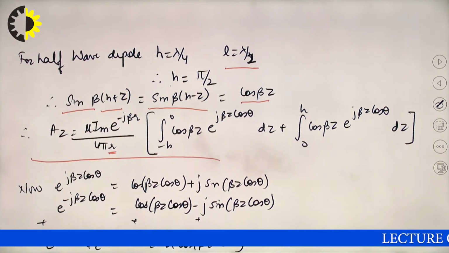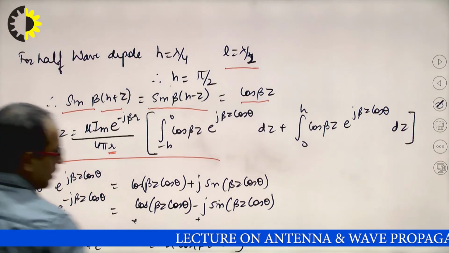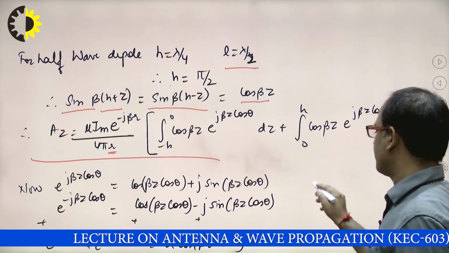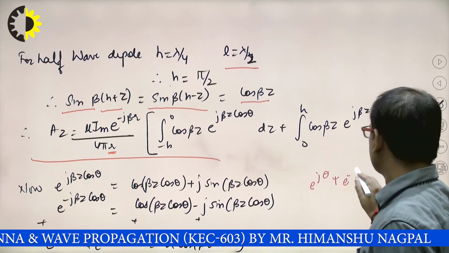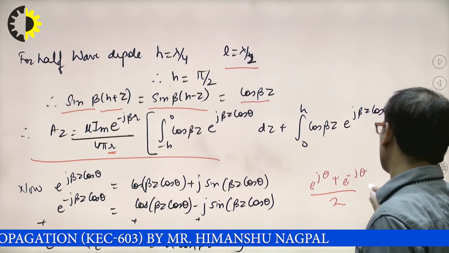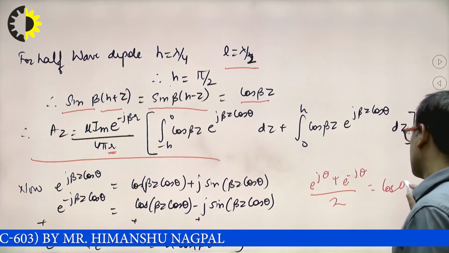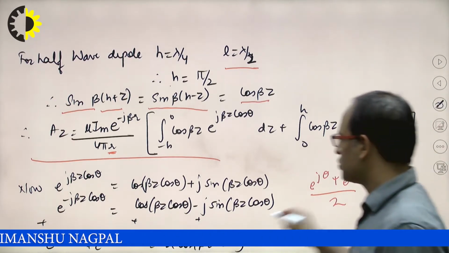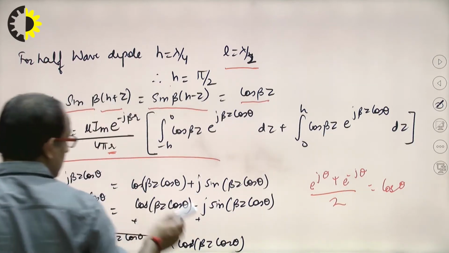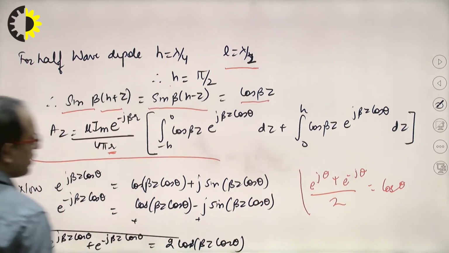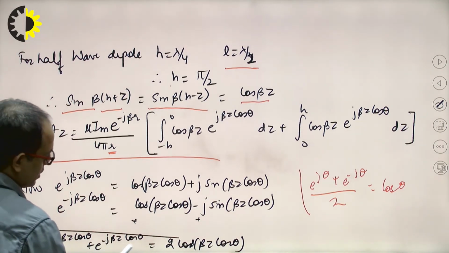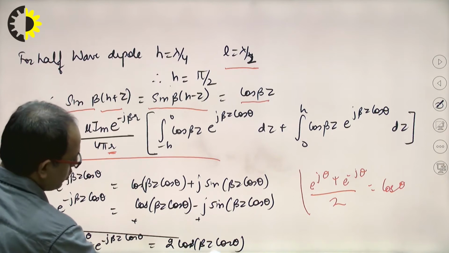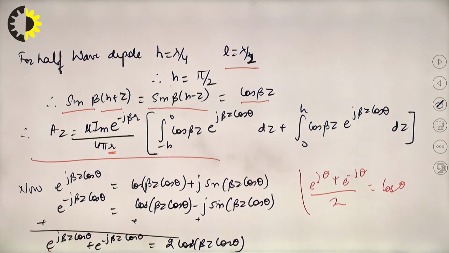Now use the formula, as you know, e to the power j theta plus e to the power minus j theta divided by 2 equals cos theta. Clear? So use the identity. Using this identity, e to the power minus j beta z cos theta plus e to the power j beta z cos theta divided by 2 will be cos(beta z cos theta).